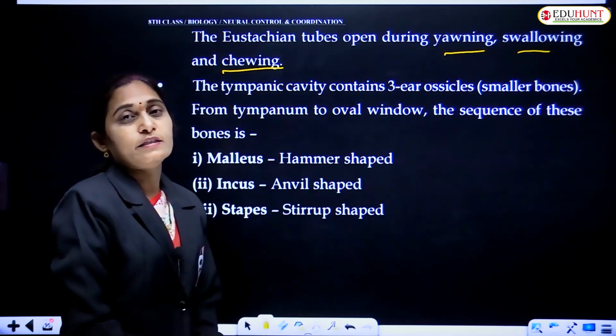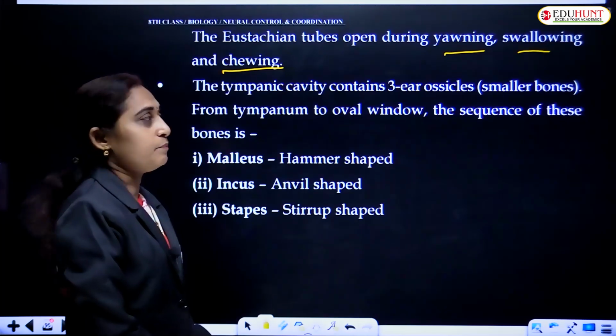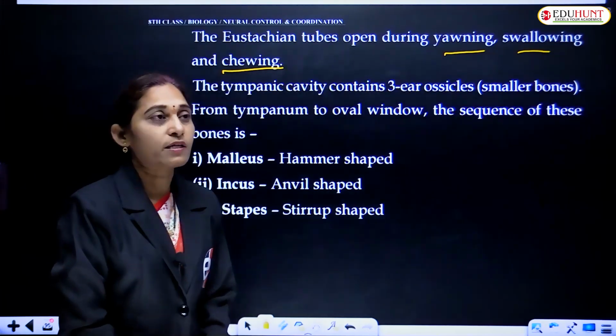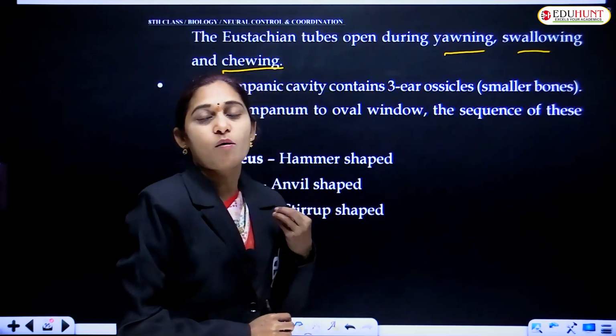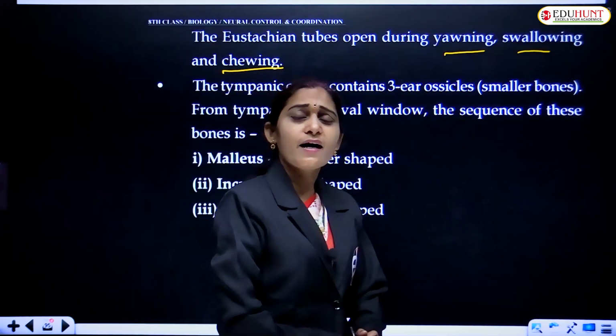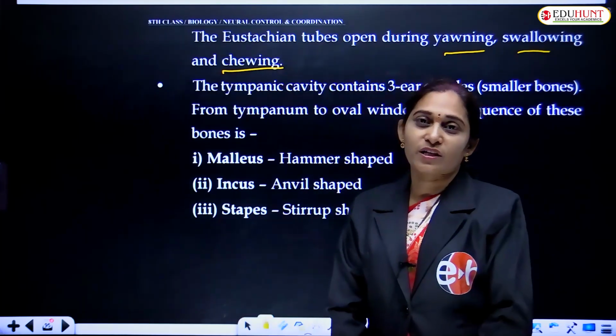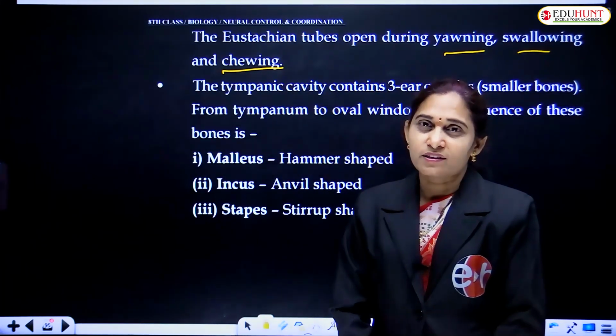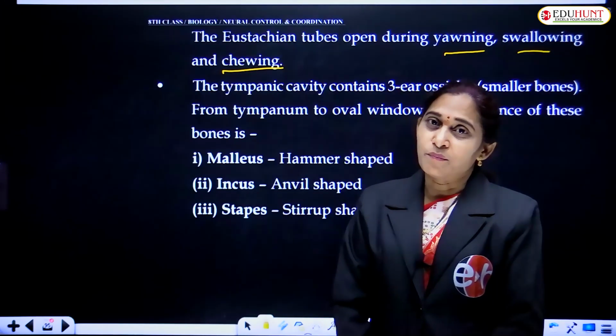Next is the tympanic cavity. It contains 3 ear ossicles, like small bones. When we think of the ear, the first thing that should come to mind is the smallest bone present in the body.